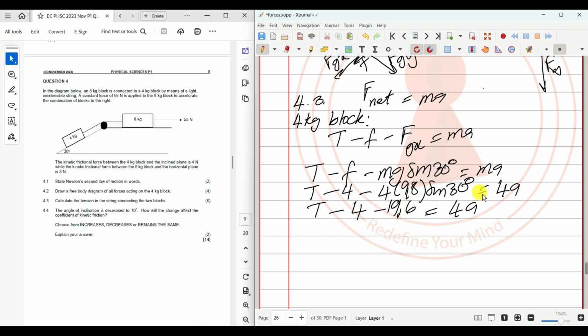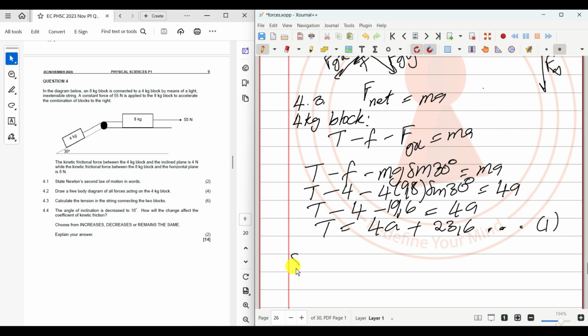So tension is equal to 4a plus 23.6. Please confirm. 2 times 9.8 is 19.6 plus 4, it's 23.6, correct? So this is equation 1, good.